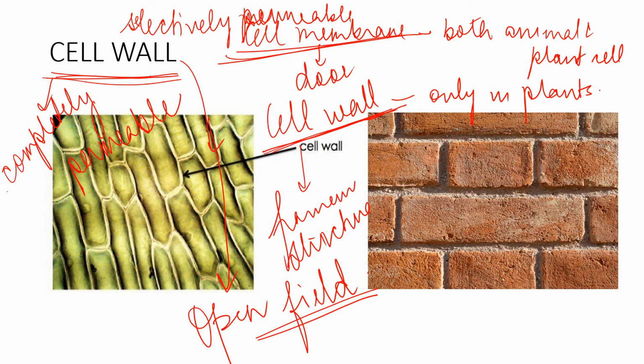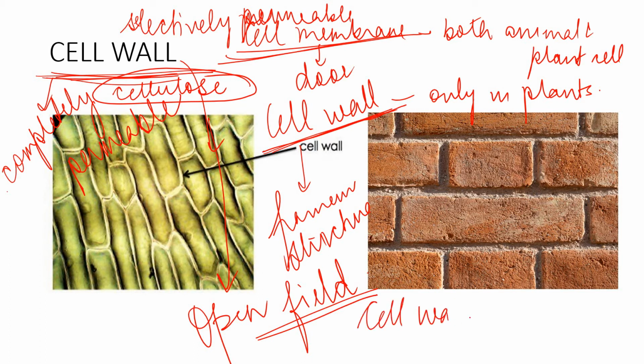Okay, so it's completely permeable to all the substances, this cell wall which is present in the plant cells. And this cell wall also contains a chemical substance which is called cellulose. Remember this thing, please. Cell wall in plants has cellulose.